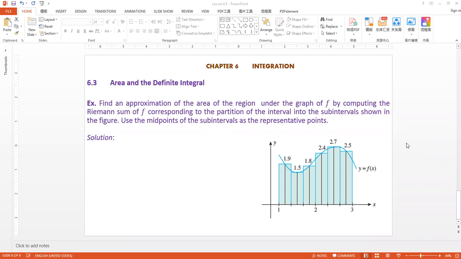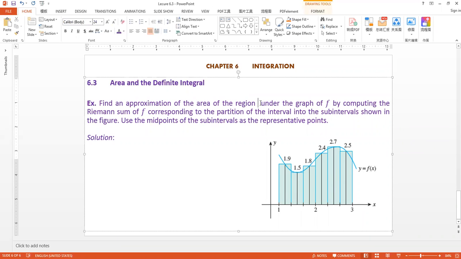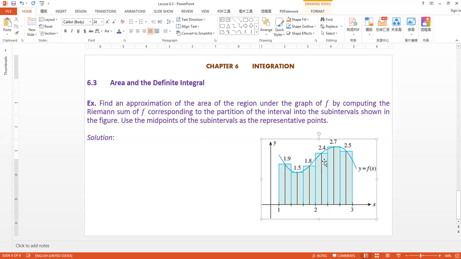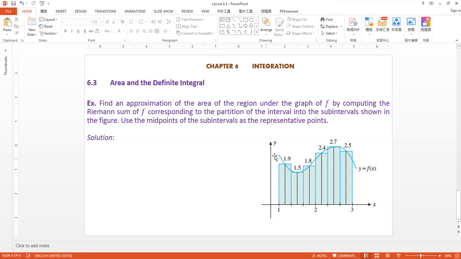The example is to find an approximation of the area of the region under the graph. So this is the curve, y equals f of x.